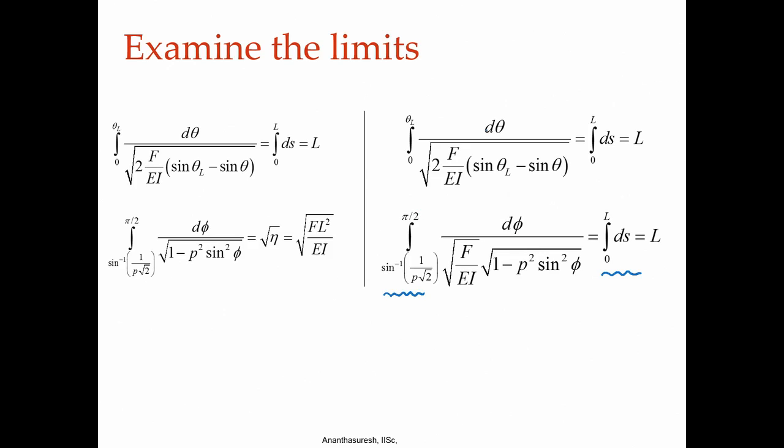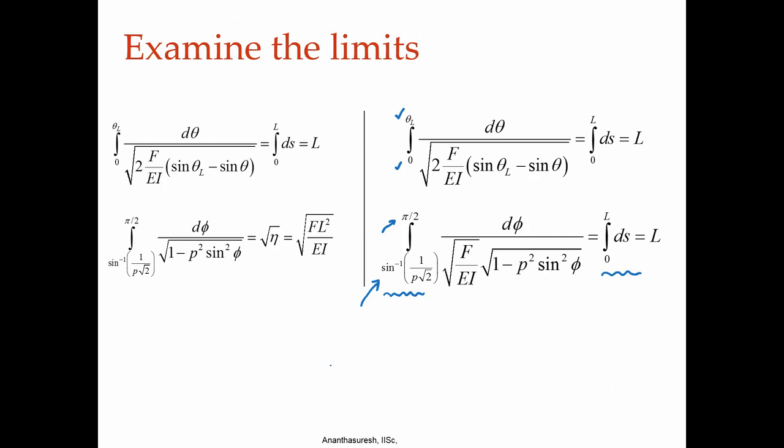Theta anyway is a slope that varies from 0 to theta L at the loaded tip, whereas phi has this strange thing that somehow starts at some value which is sine inverse of 1 over p square root of 2, and goes up to pi by 2. Pi by 2 is some notion of completeness, it goes to 90 degrees, but what is this?